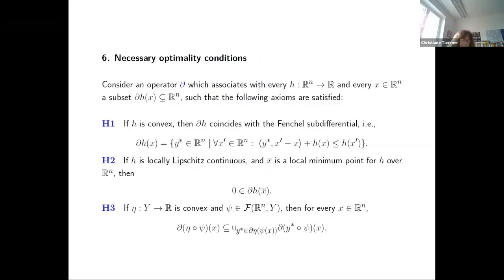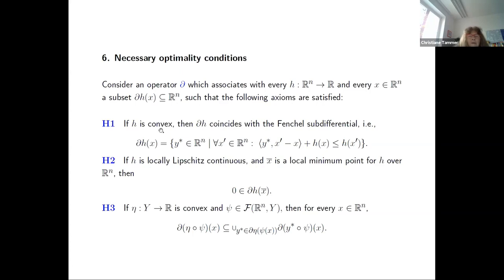In the last part of my talk, I will speak about necessary optimality conditions, where we are using our results from section 4. We will use an axiomatic approach to the subdifferential. We consider an operator associated with a functional H, and we suppose H1, H2, H3.